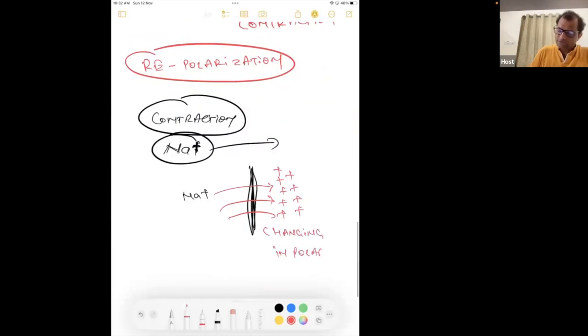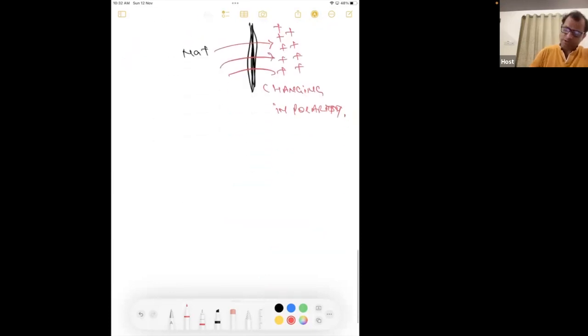We can understand one example. Suppose this is the muscle home, and this is the other home, right? Or forget the muscle home for a while. You can consider this is area 1 and this is area 2.